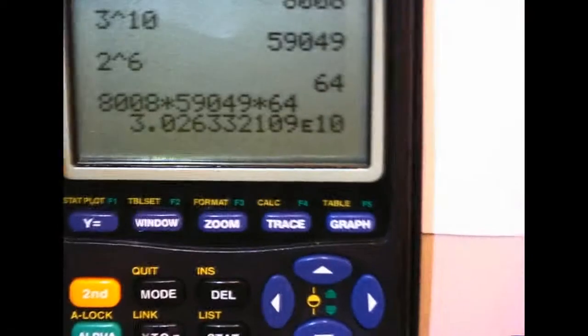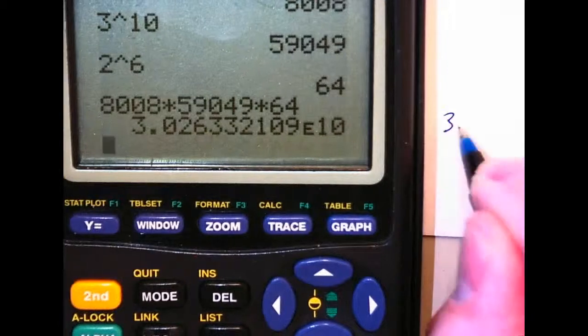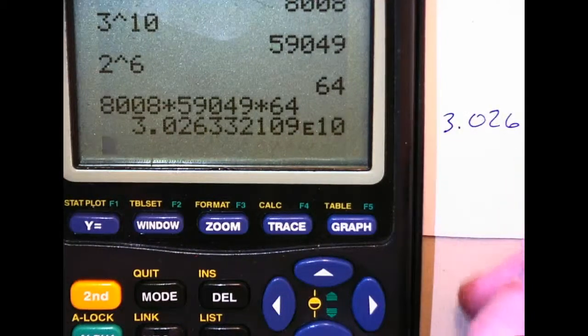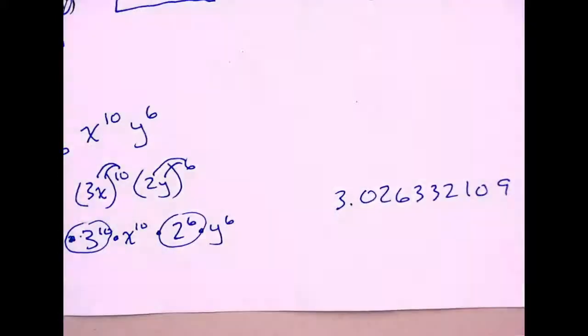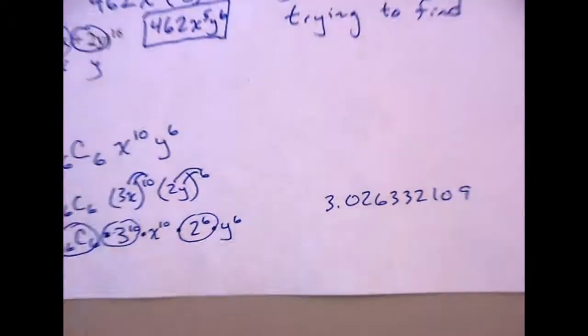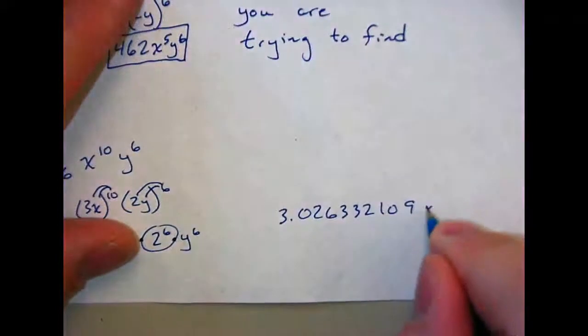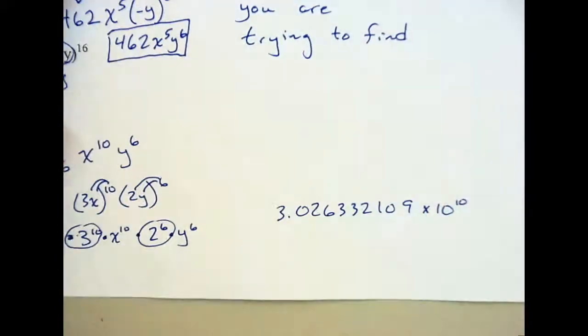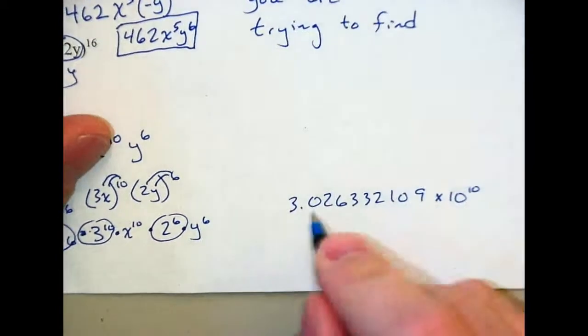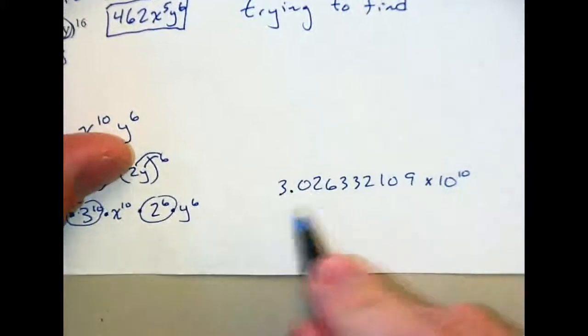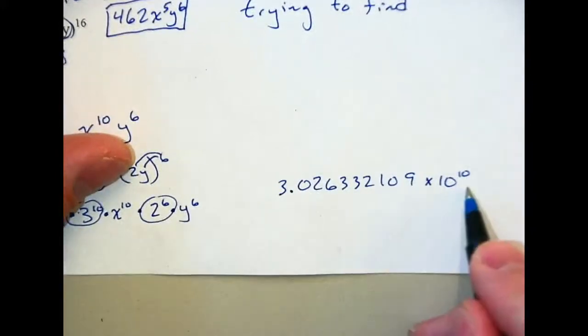So I'm going to write down 3.026332109 E10, times 10 to the 10th. Now, when I have scientific notation, if you recall, that just means you're multiplying by 10 ten times.